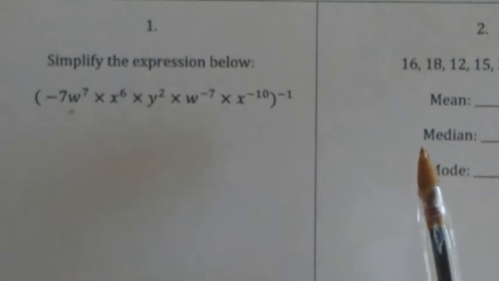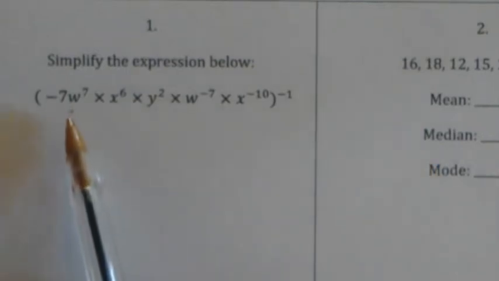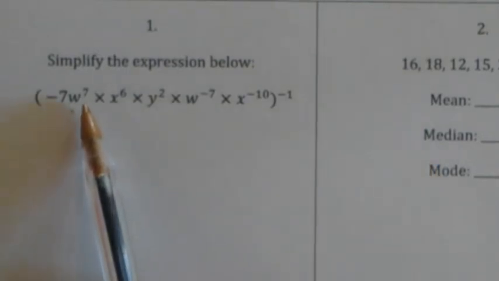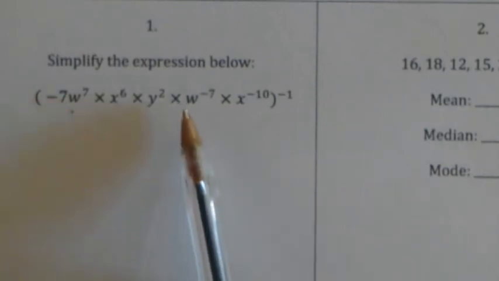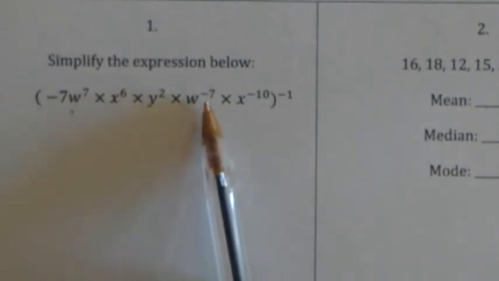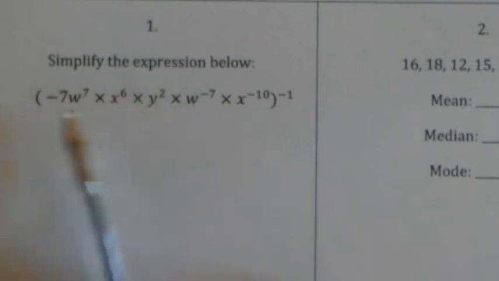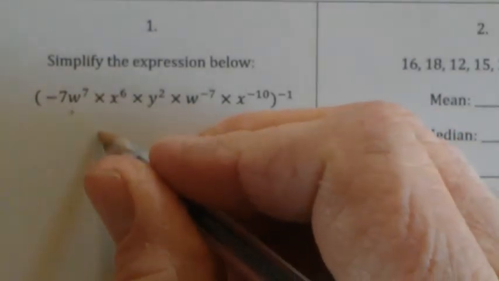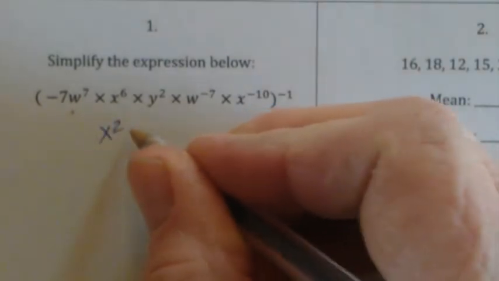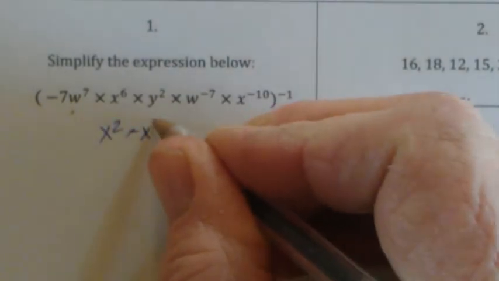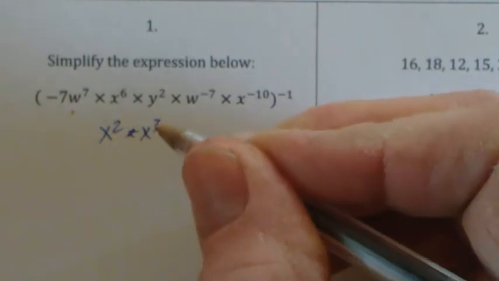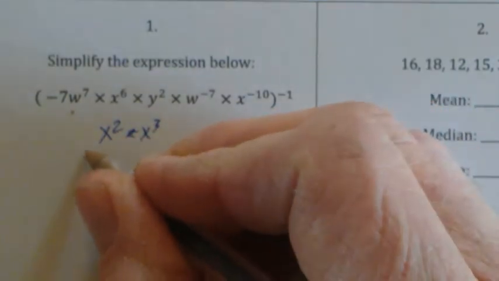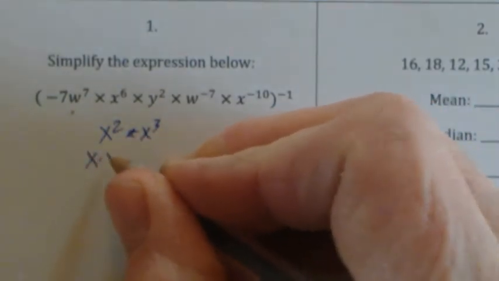Okay, now the thing to remember is, what do you do when you have a variable with an exponent multiplied times the same variable with a different exponent? Because we can group the w's together. Well, let's take an example. Suppose you have x squared times x cubed. Well, that x squared is 2 x's multiplied together.